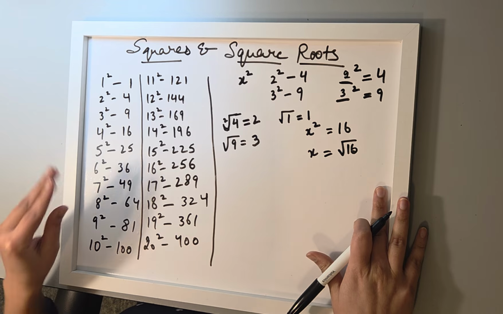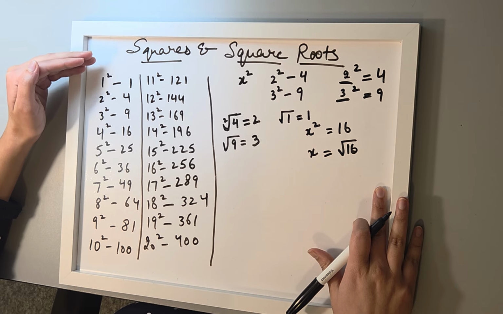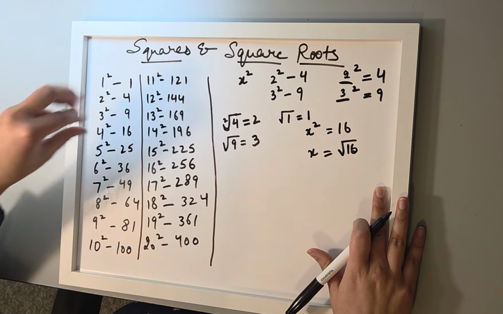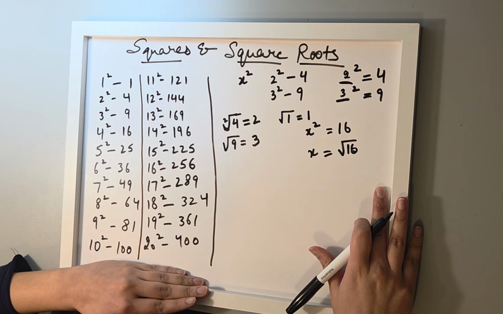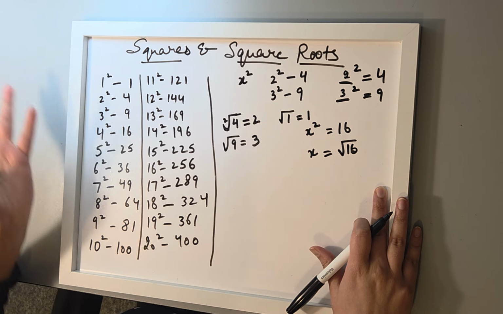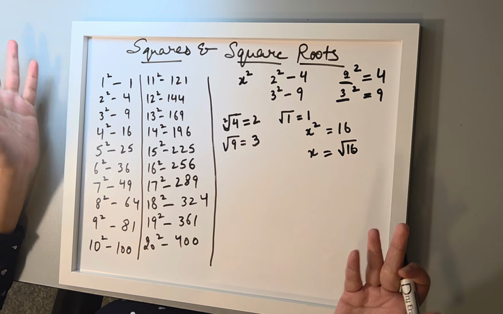If you see on the left portion of the screen, I've written squares of the first 20 numbers. This is good to learn to be able to solve questions faster.